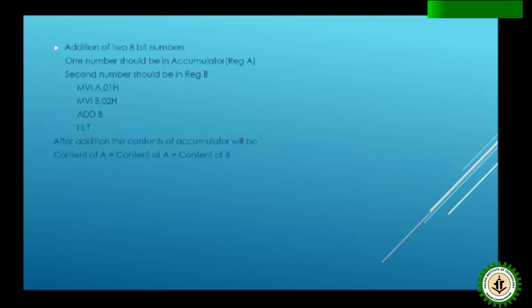Now we will write a very small program: addition of two 8-bit numbers. For addition of two 8-bit numbers, one instruction is there, that is called ADD. ADD B, ADD C, like this.